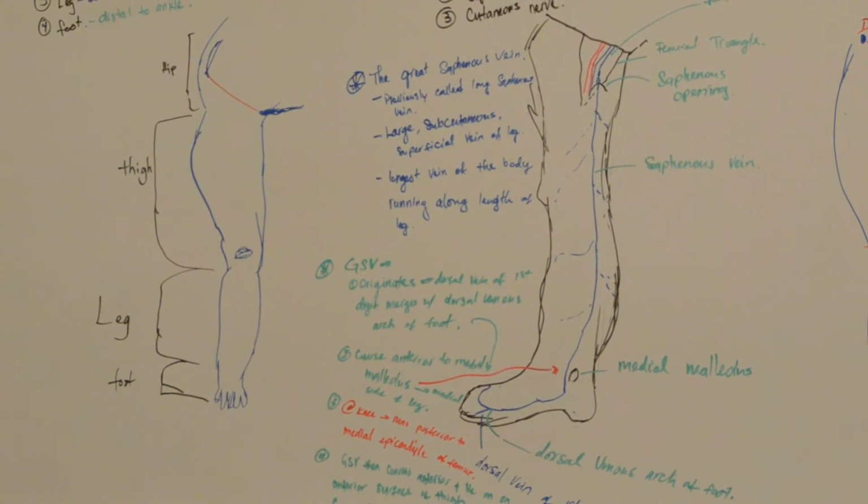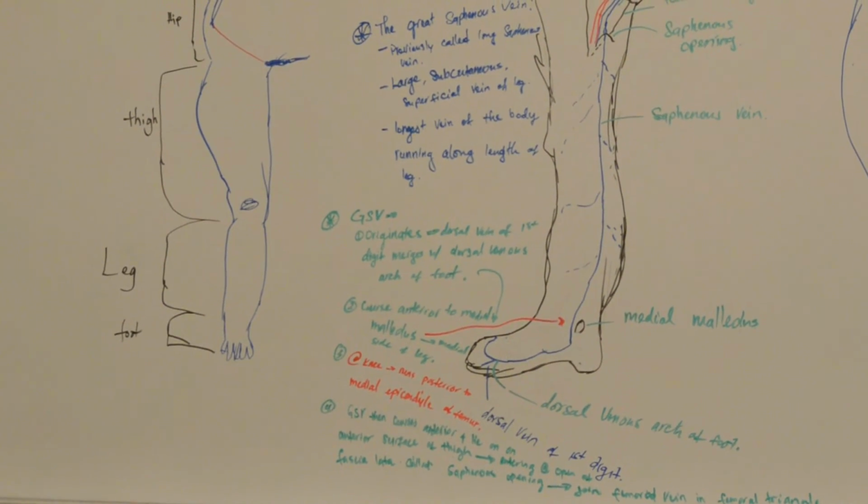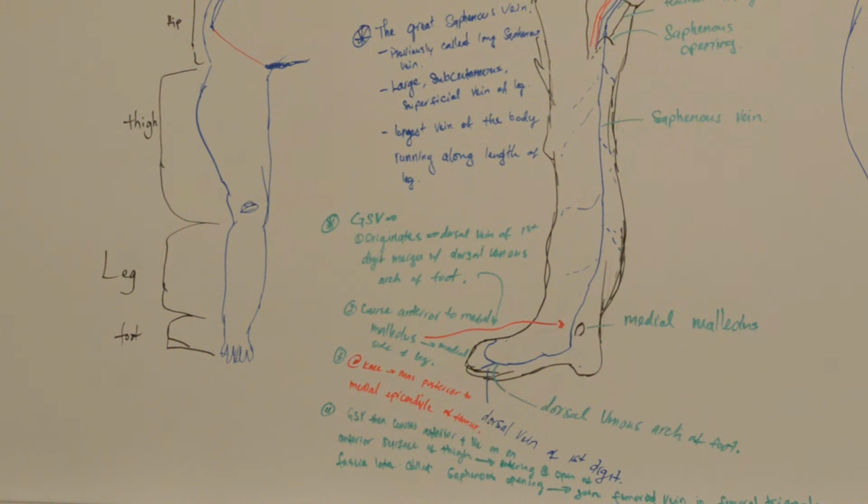So the great saphenous vein originates in the first dorsal veins.